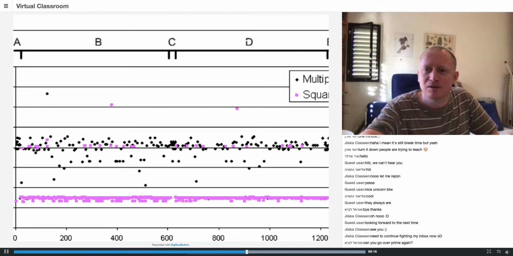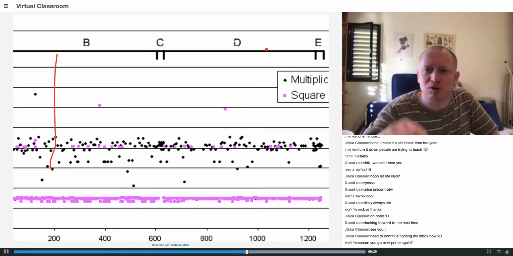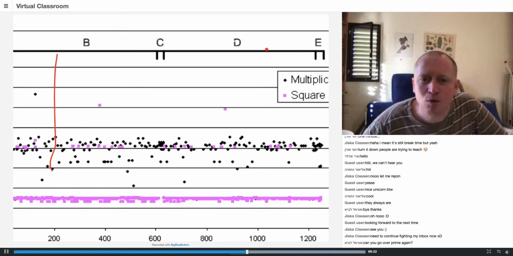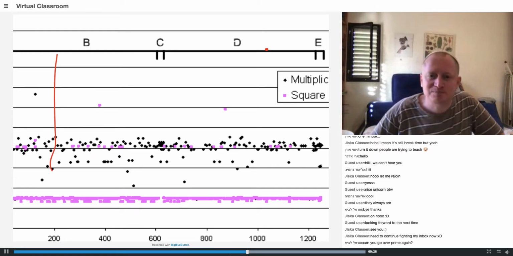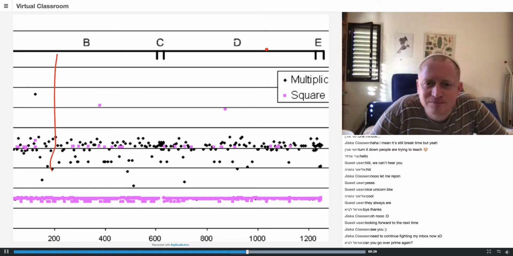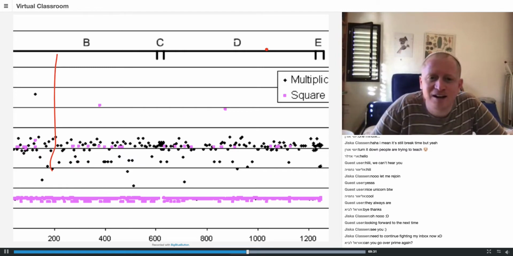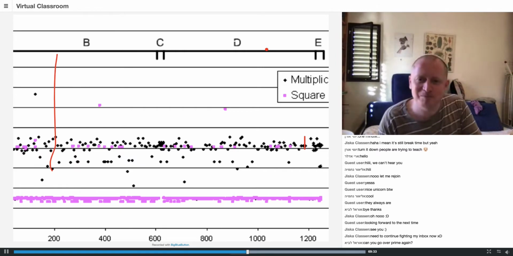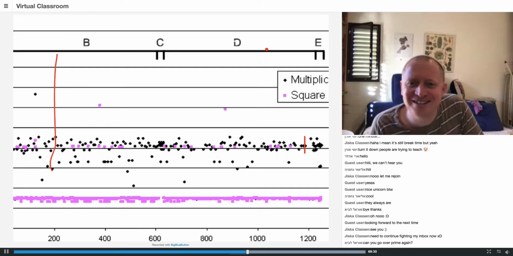Just put your cursors, you don't have to scribble. Find one bit where there was no squaring. Okay, it's very interesting.